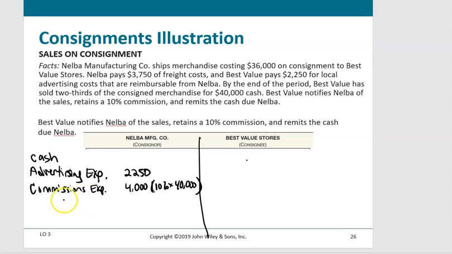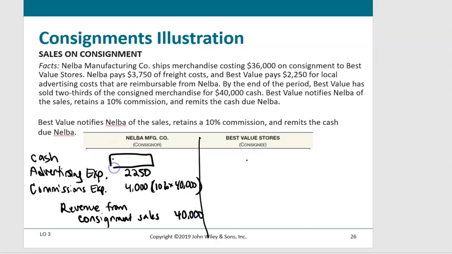And then NELBA recognizes revenue from consignment sales for that full $40,000. So how much was the cash received from Best Value? It's the $40,000 less Best Value keeps $22.50 as a reimbursement for the advertising and keeps $4,000 as its commission. So the amount of cash that NELBA receives is $33,750.